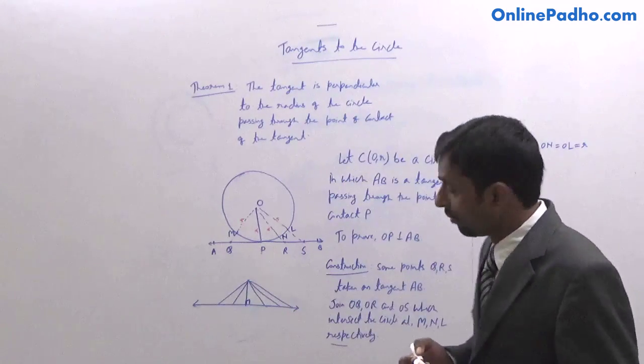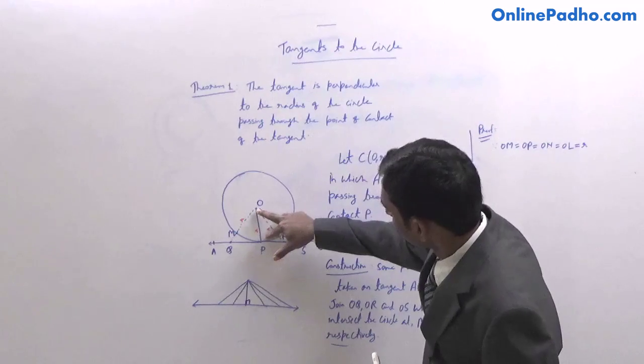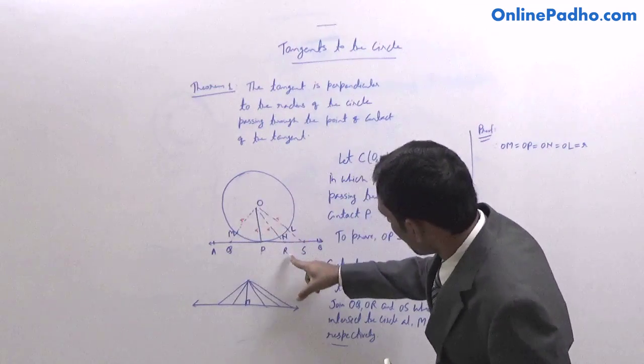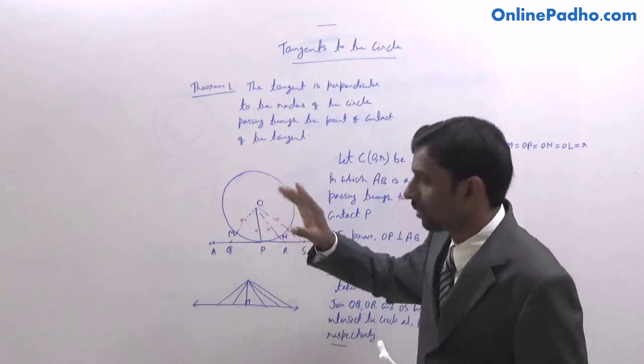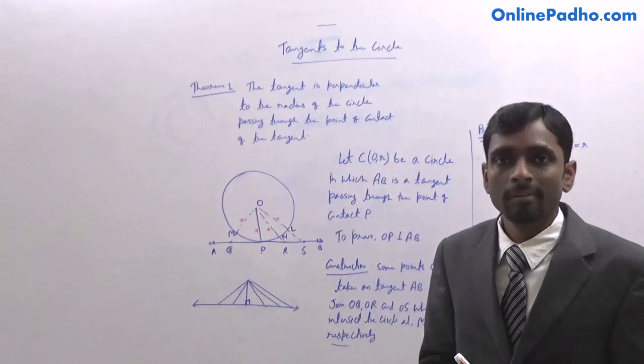So we need to prove here OP is the shortest. So here we can say OQ is greater than radius, OR is greater than radius, OS is greater than radius, but OP is equal to radius. So we can say OP is the smallest one, right?